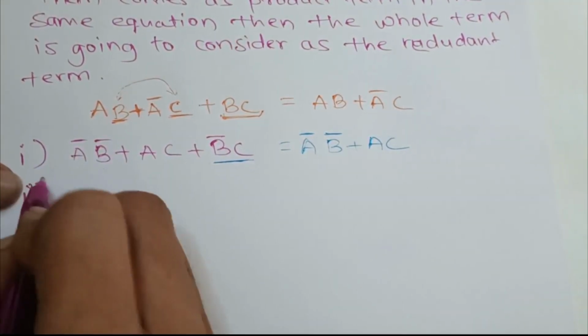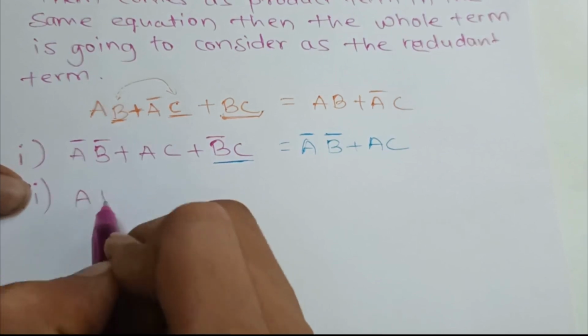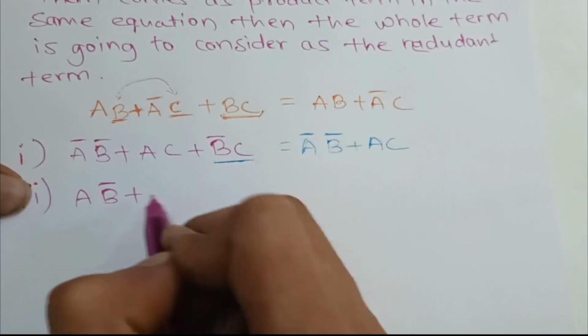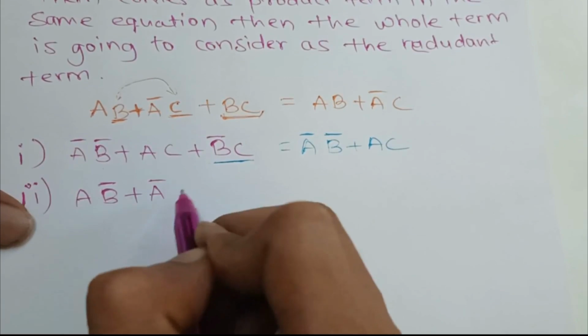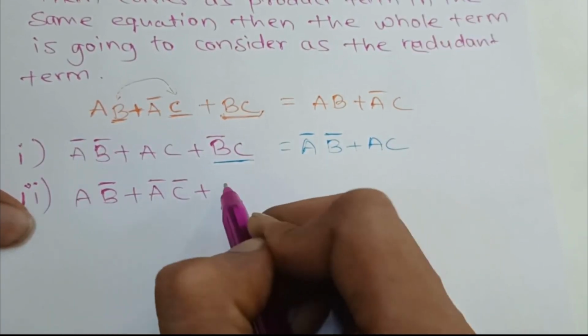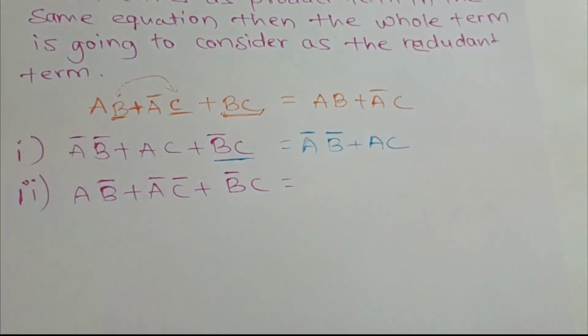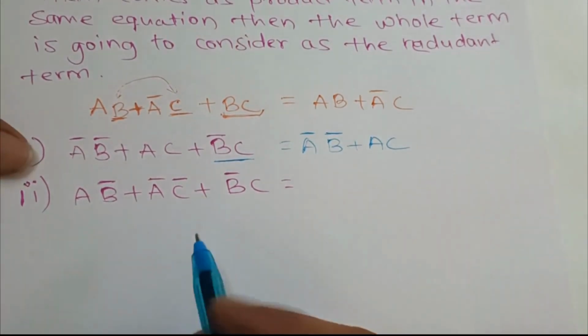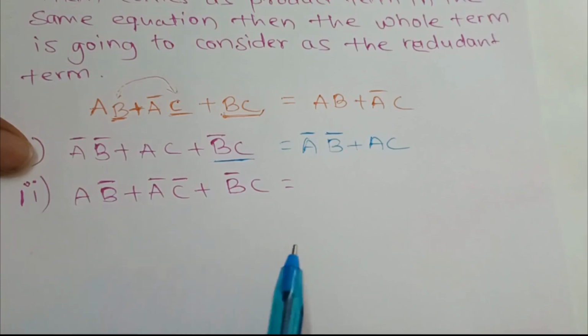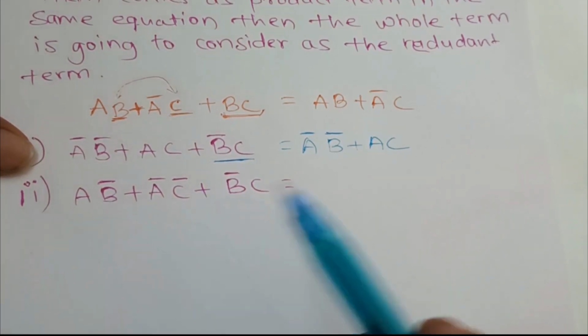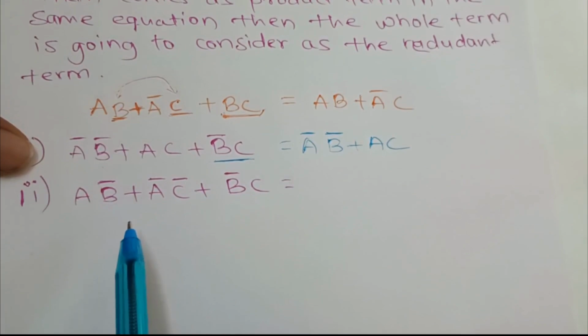Next, another example. The second example is AB bar plus A bar C bar plus B bar C. We'll see whether the redundancy theorem is applicable or not for this equation. First check which variables have come in both forms, that means in complemented as well as non-complemented form.